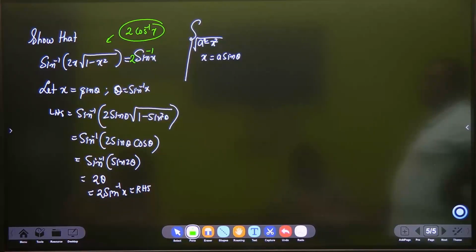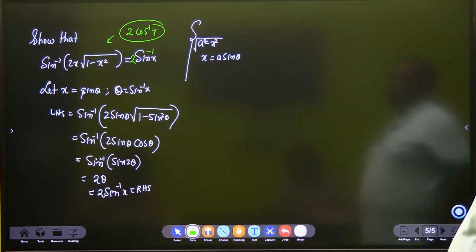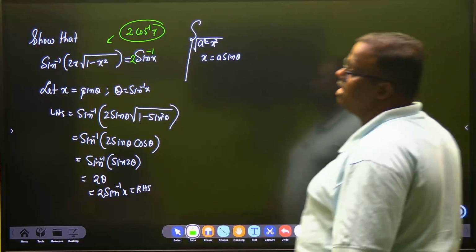So since you have to prove it as cos inverse, you take x as cos theta. So it will become 2 cos theta sine theta. Again, it will become sine 2 theta.